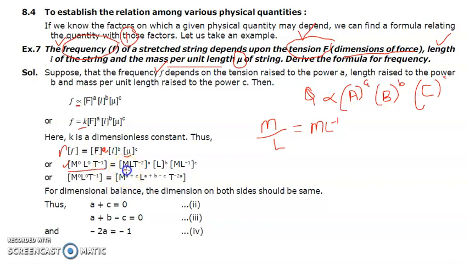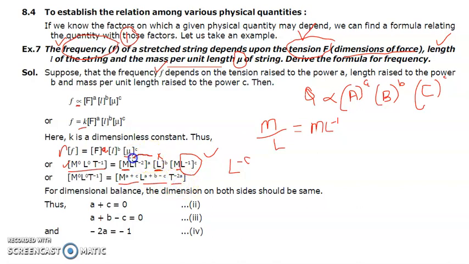Mass is there in this expression, so here mass has power A. In this case mass is not there, and in this case mass has power C. So we can write mass raised to the power A plus C. In the same way, length has power A in the first part, power B in the second part, and in the third part length is also there, so it will have power minus C. So the power of length would become L raised to the power A plus B minus C. In the same way we'll do it with time as well.